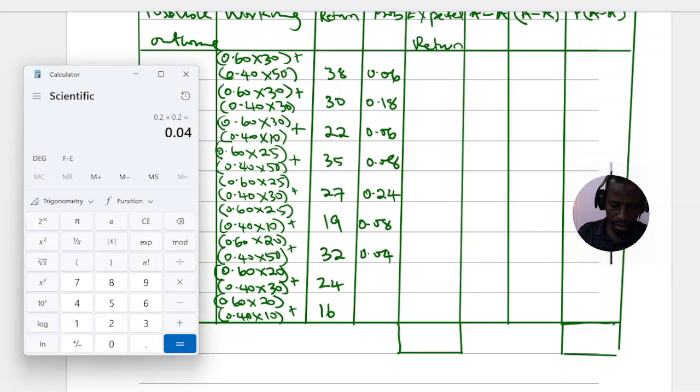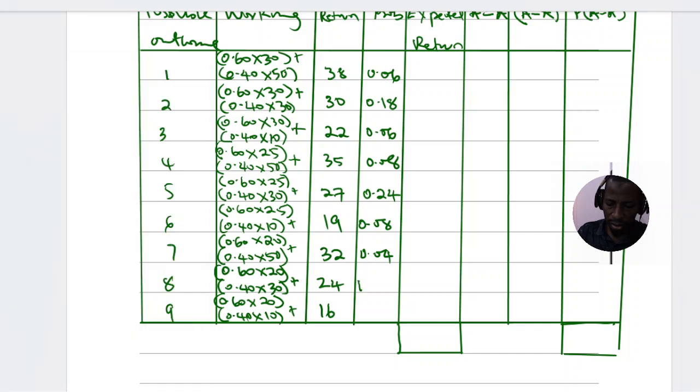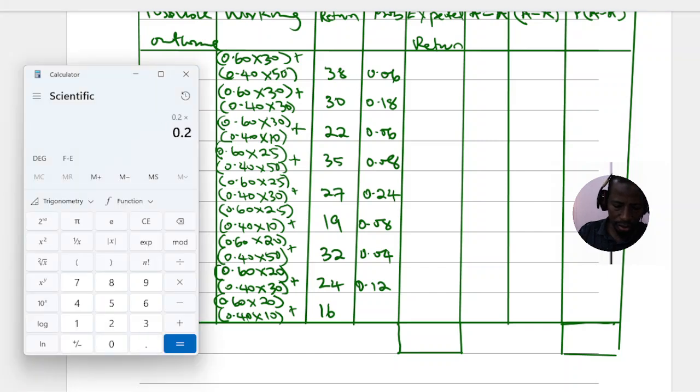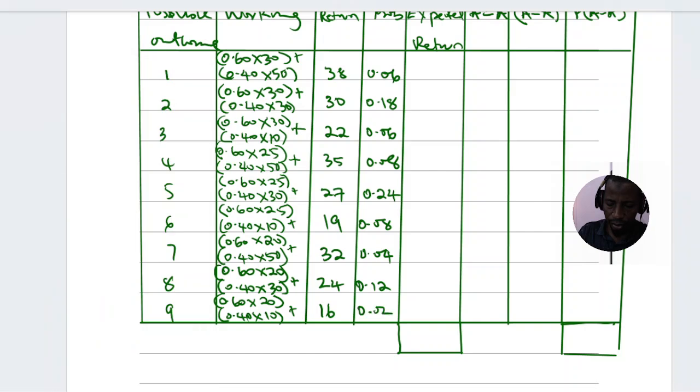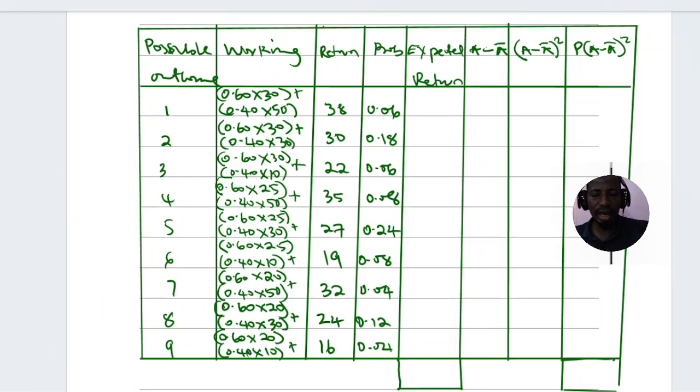Then 0.2 multiplied by 0.6 equal to 0.12. Finally, 0.2 multiplied by 0.2 equal to 0.04. So I'm done with the probability. I've determined the combined return, and I've also determined the combined probability.